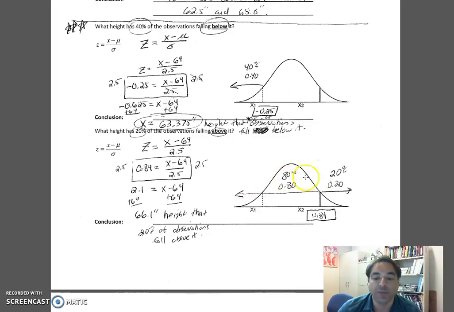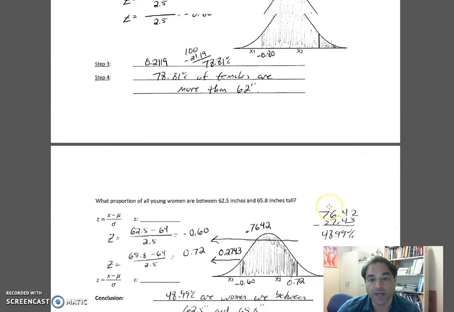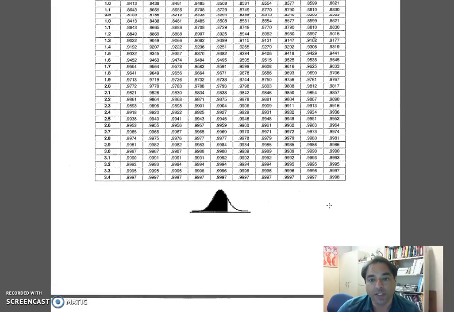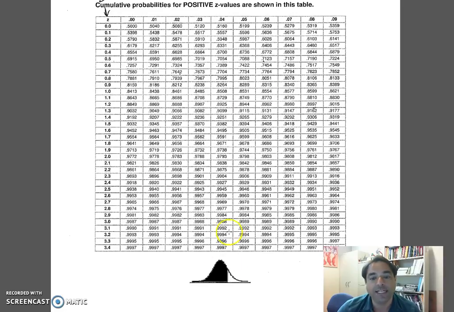80% below. So we're not going to be looking for 0.20, we're going to be looking for 0.80 in the percents. Now that's a little tricky, but if we can agree that it has to be positive, when I go to the positive z table, you'll never find 0.20 because the table doesn't tell you above, it only tells you below.